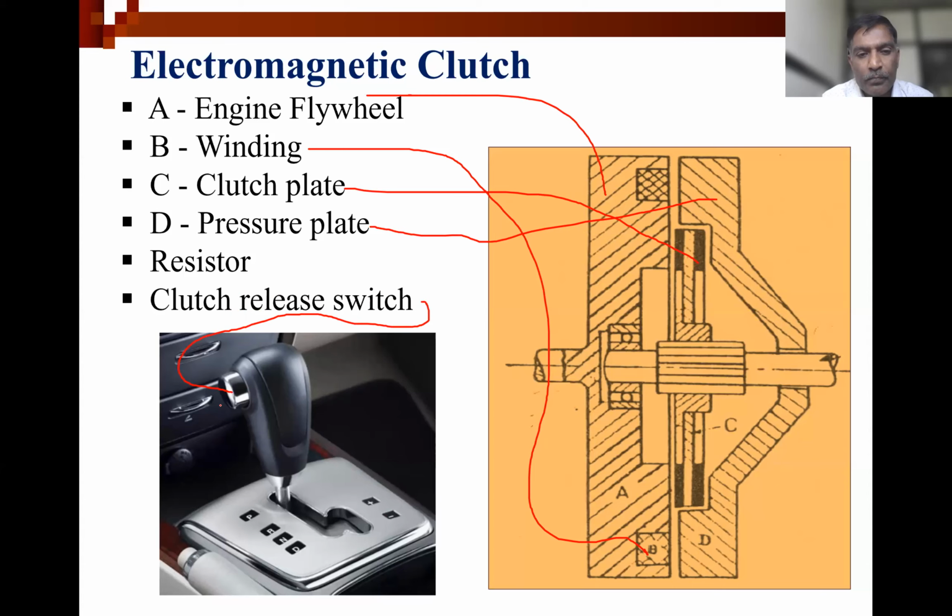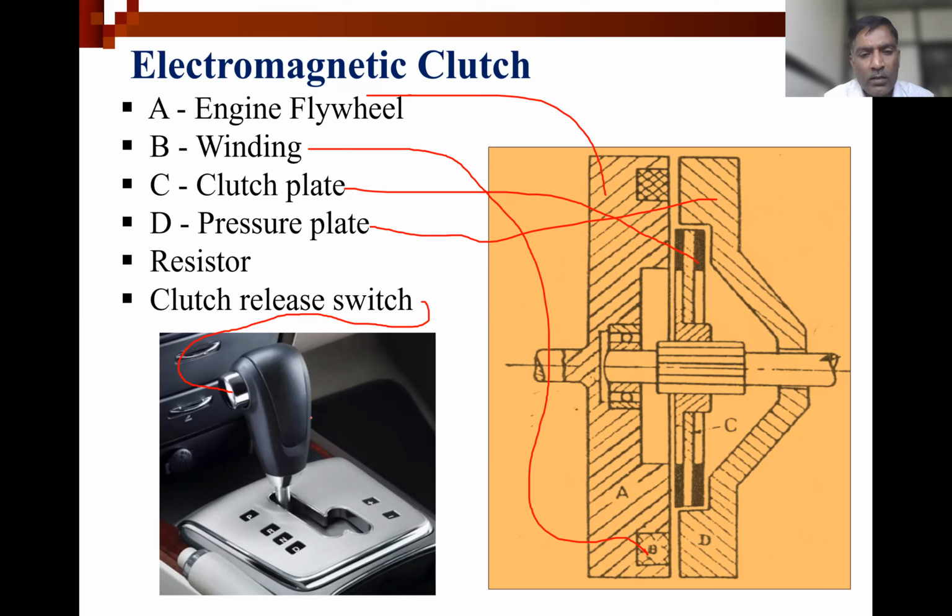So this is again the automatic transmission, a vehicle having automatic transmission. Here you can see PRND and here minus and plus.